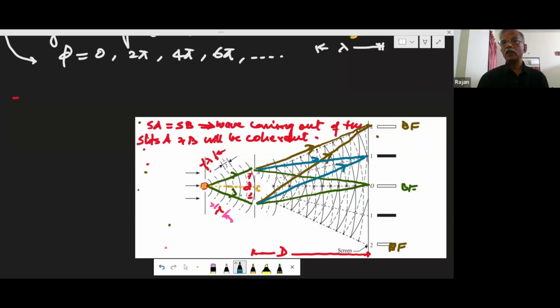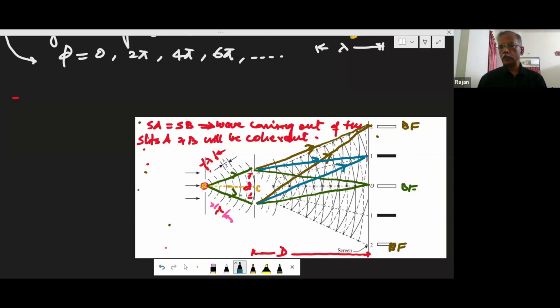So on either side of the central bright fringe, we are getting alternate dark and bright fringes. For the first bright fringe after the central bright fringe, how much should the path length difference X be?